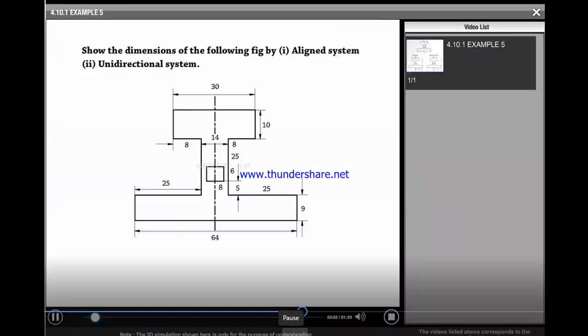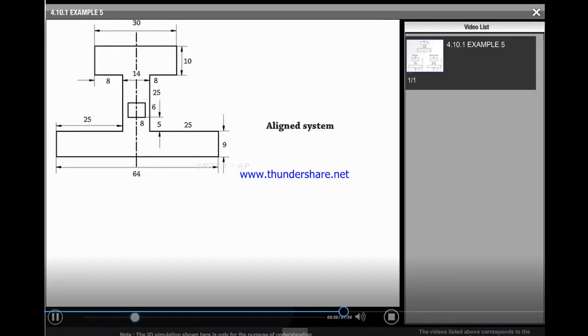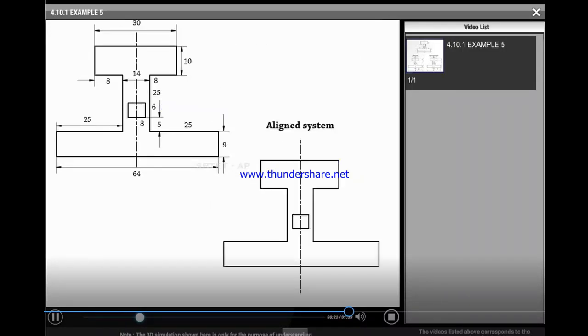In this, a view with normally represented dimensions is available. The task is to redraw the view with proper dimensioning as per the aligned system and unidirectional system separately. In the aligned system, the dimensions are to be written neatly as per the law.